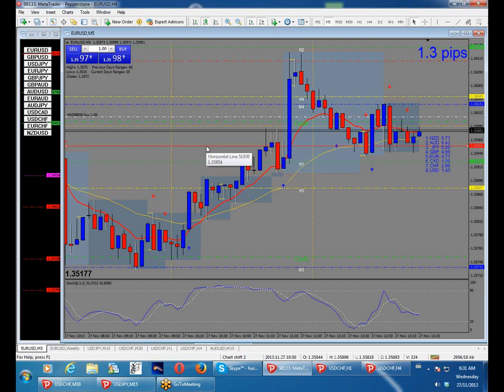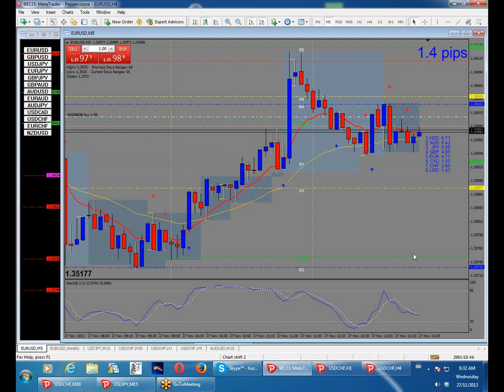I drew this line a while back saying that I thought it would turn around there. I think that's one of the advantages of having multiple screens. And for you guys that don't know, we've been working on a setup that allows me to trade.